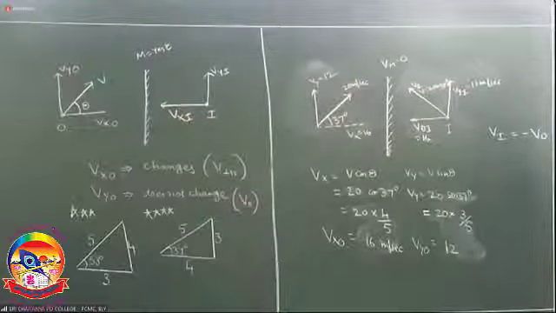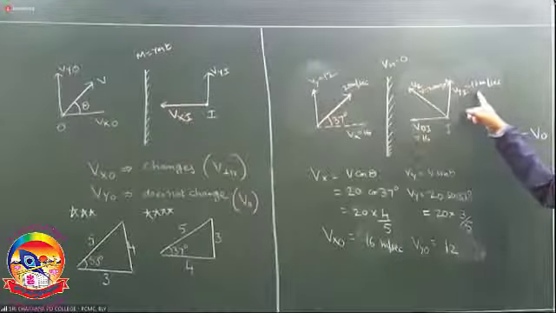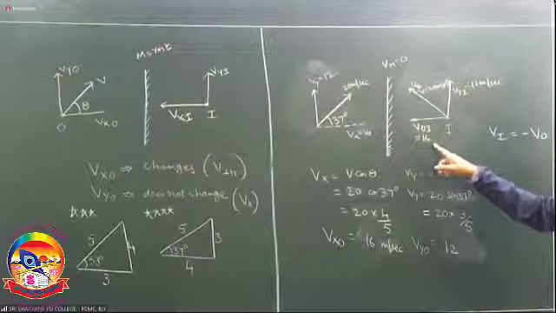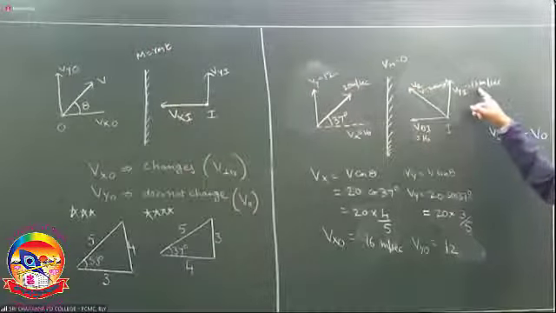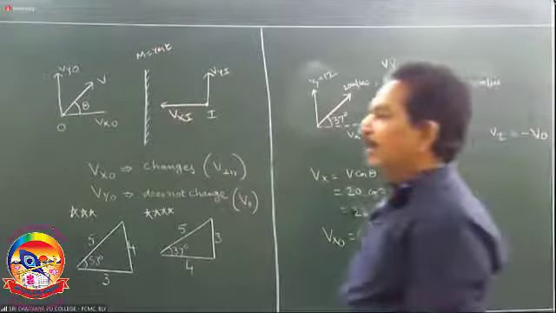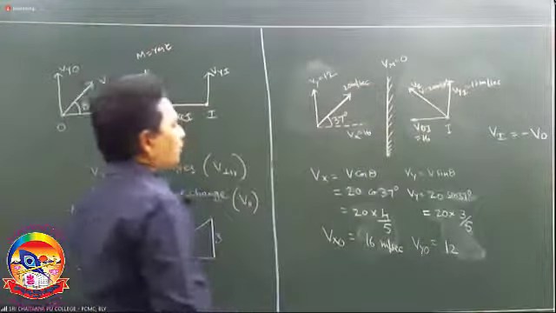Sir, how can you write 20? Square root of 16 square plus 12 square, since the angle is 90, Vx square plus Vy square. 16 square is 256 and 12 square is 144. 256 plus 144 is 400. Root 400 is equal to 20.